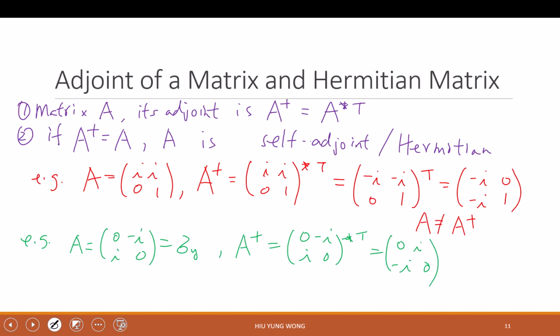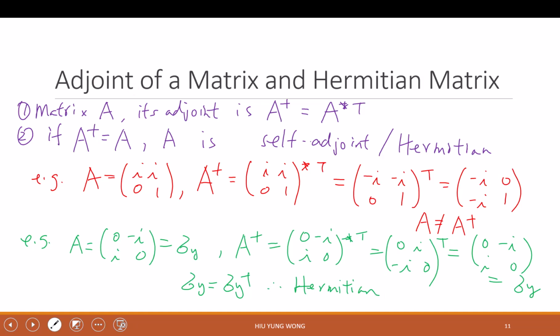And you do a transpose, what do you get? 0, negative i, i, 0. What is this? Still equal to sigma y. So sigma y equals sigma y dagger, so it is Hermitian, or it is self-adjoint.